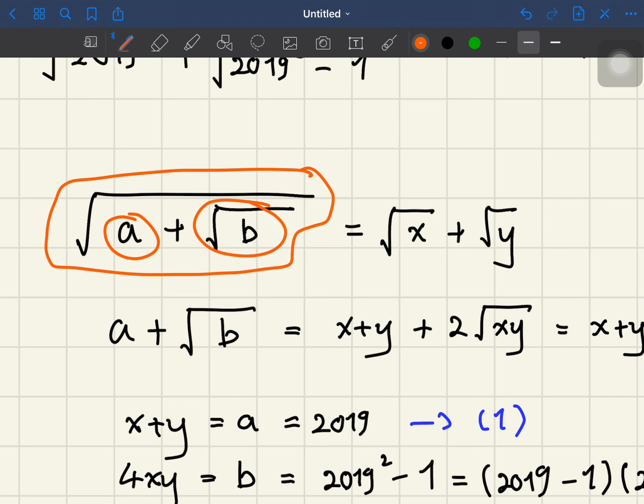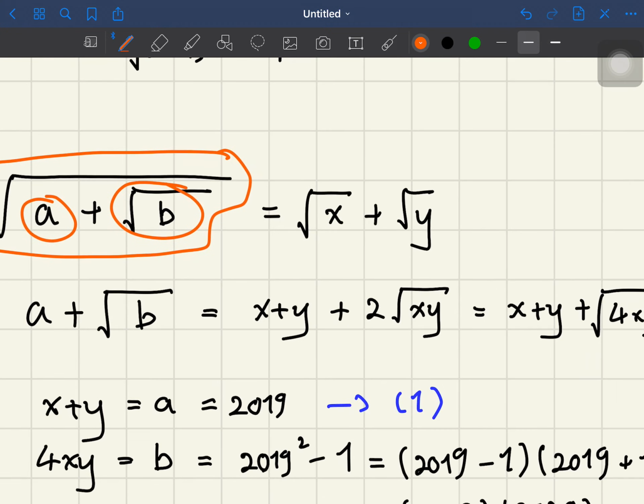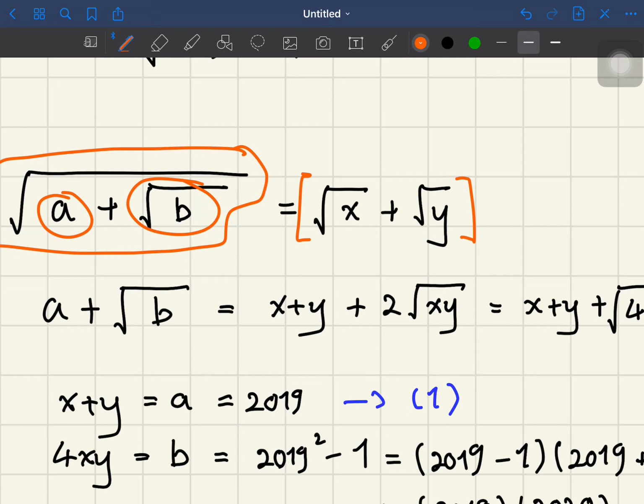A nested radical can be expressed in the form of the sum of two radicals at least, because we have two terms, A and B. We can have two radical terms, logically, maximum.